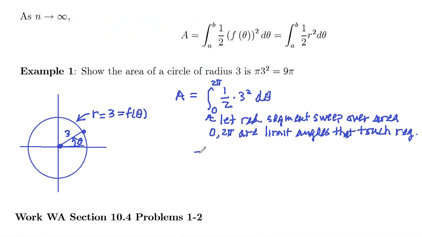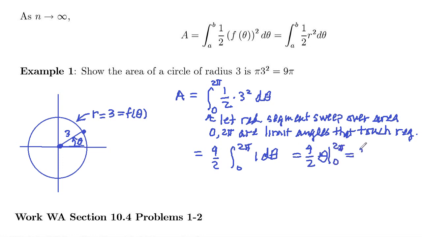Finish up. This is an easy integral. So we've got 9 halves, which we can pull out in front. And then we are integrating from 0 to 2 pi. All that's left is a 1 d theta. So if we integrate that, we get 9 halves theta. Theta is going from 0 to 2 pi.